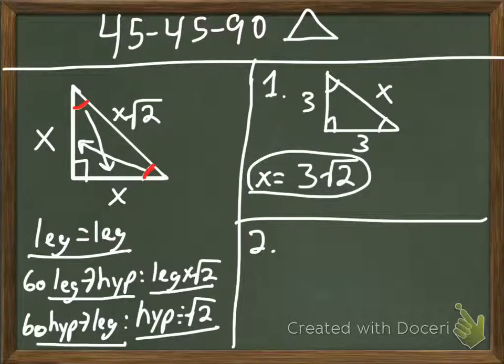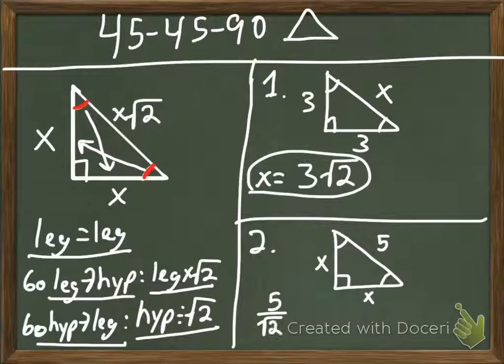Second example, we're going to find the legs. So we're looking for the legs, and we know that the hypotenuse is 5. Well, to go from hypotenuse to leg, we take the hypotenuse, divide by square root 2.